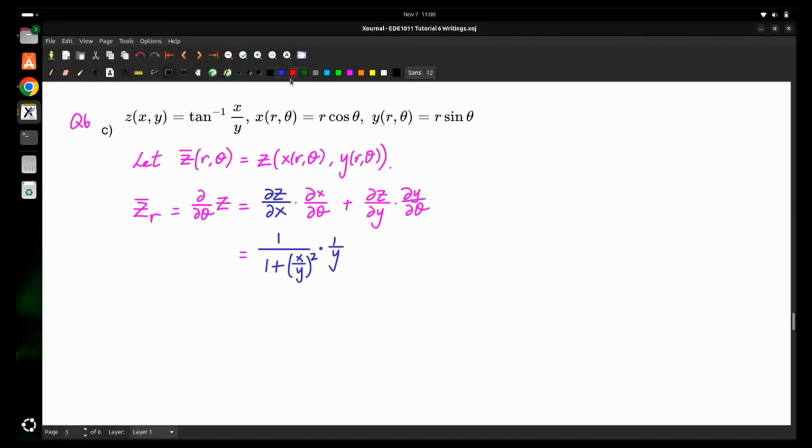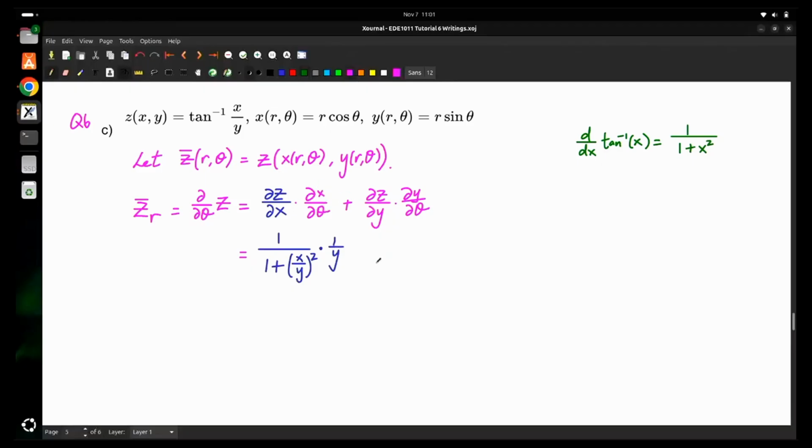Of course I use the derivative of the tangent inverse: when you take d dx of tangent inverse x, you get 1 over 1 plus x squared. Now the argument is x over y, so it must be 1 over 1 plus x over y whole thing squared. Then because you have a function of x here, you use chain rule, differentiate x over y with respect to x, so you get 1 over y.